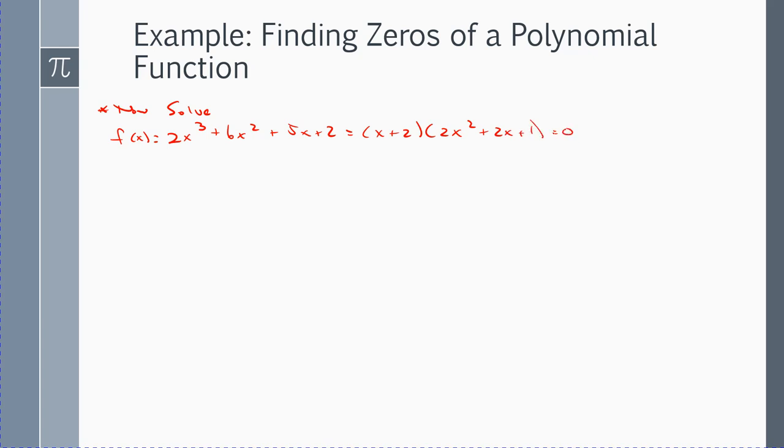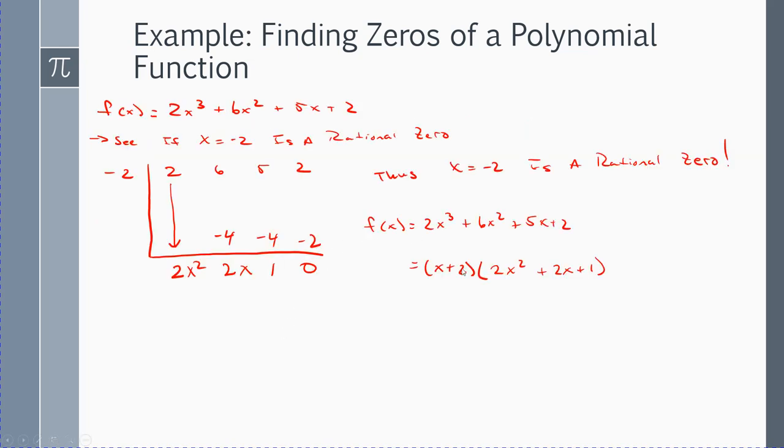And I want to solve this is equal to 0. Okay, so again, this first factor, you can have x plus 2 is equal to 0, or this quadratic equation here, 2x squared plus 2x plus 1 is equal to 0. So one solution was just moving the 2 over, x is equal to -2. Which you can see we got right here when we said it was a rational 0.